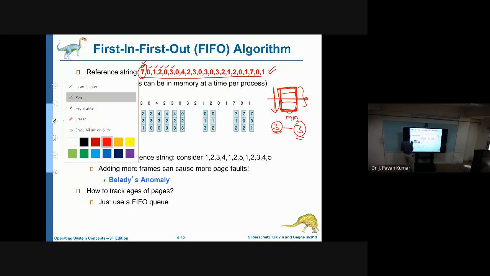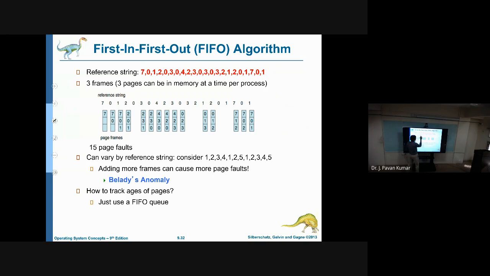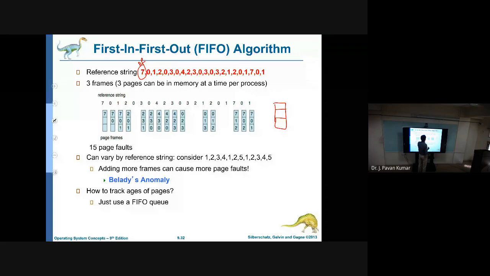Try to understand. We have 3 frames in the main memory. So 3 frames are empty initially. We want the 7th page. So the 7th page is also not present in the main memory. So this is nothing but a page fault. Whenever we don't have the required page in the main memory, that is called a page fault. Whenever a page fault occurs, what will happen?